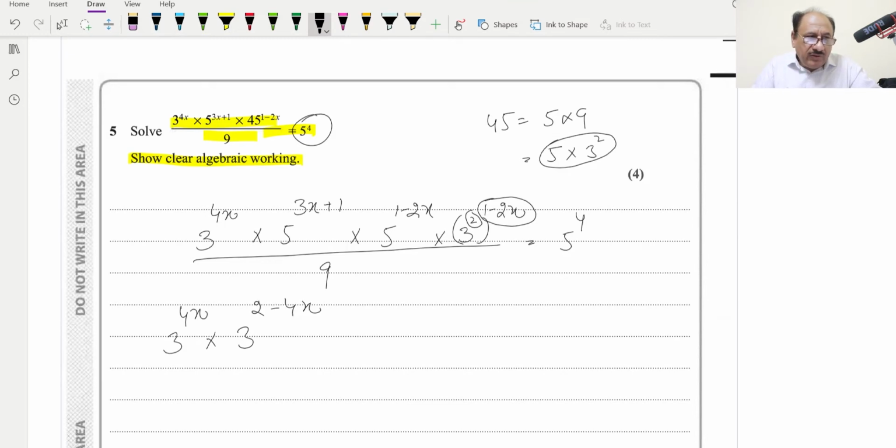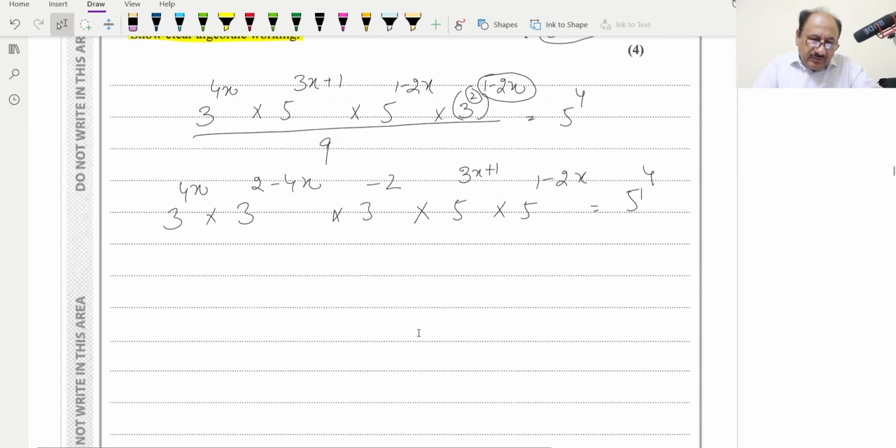Now we can write 9 as 3 squared and shift it to the numerator, so 3 raised to minus 2. And 5 we can write as 5 raised to 3x plus 1, and into 5 raised to 1 minus 2x, and this is equal to 5 raised to 4. Hopefully you understood this step as well.